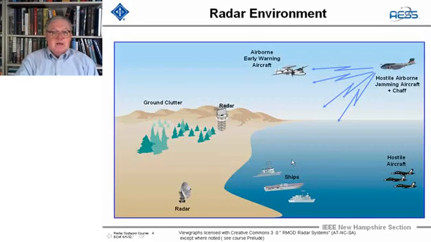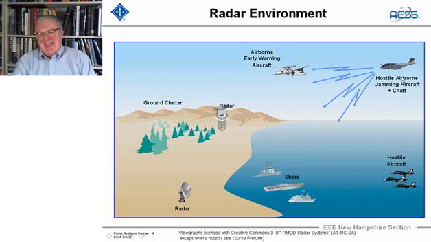First, we have a cartoon. Here we have a couple of radars, ships, ground clutter to deal with, and hostile aircraft that we want to see. And we've got airborne early warning aircraft, and out here an enemy that's hostile, with airborne jammers, and also may have chaff to clutter up things in the radar processing.